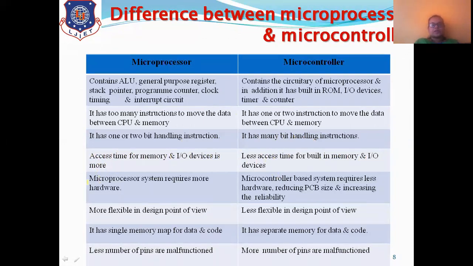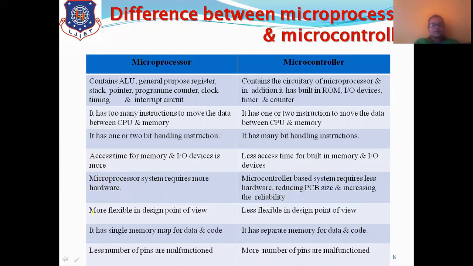Clear? Now, next, a microprocessor system requires more hardware, right? That means whatever memory or IO devices are required for our project or application, we need to connect externally, right? Whereas a microcontroller based system requires less hardware, reducing PCB size and increasing its reliability.